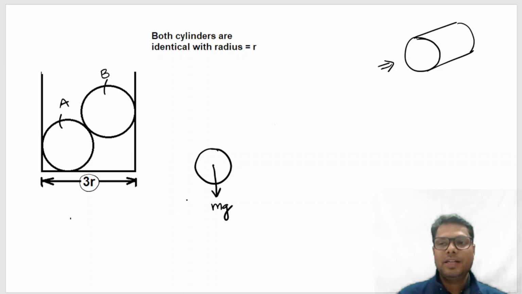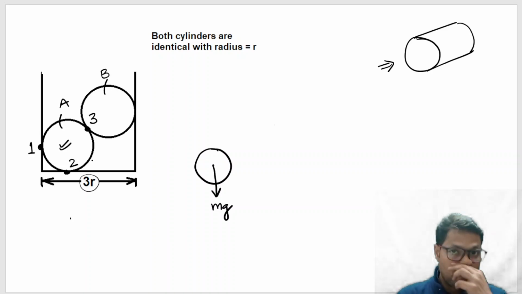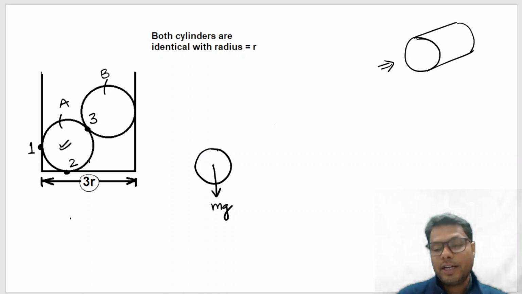Third is normal reaction, contact reaction. Count how many contact points this cylinder is making with another cylinder or another body. There are 3 contact points, 1, 2 and 3. So this cylinder will experience 3 push forces, 3 contact forces from these 3 contact points.